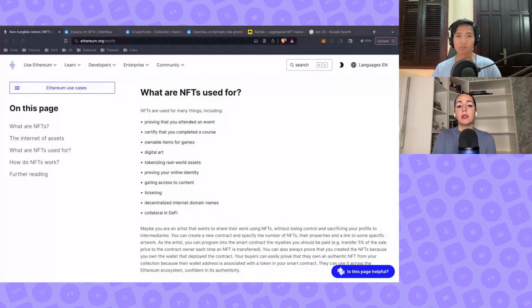At the beginning, it has been used for digital art, gamification, and also memberships as utility tokens. Since it has an ID, it can be like a membership ID, but also ticketing, getting access to content, collateral in DeFi, actually anything we could imagine.